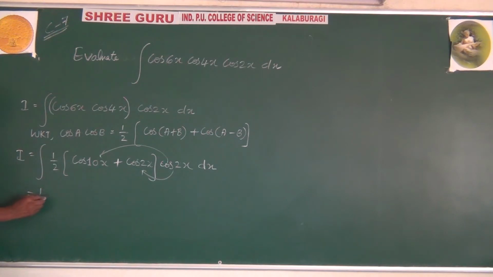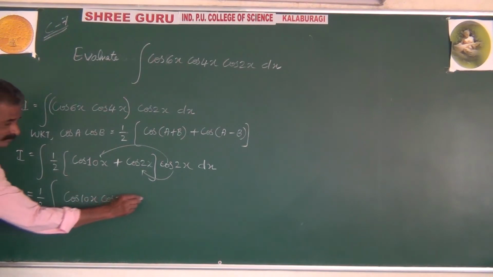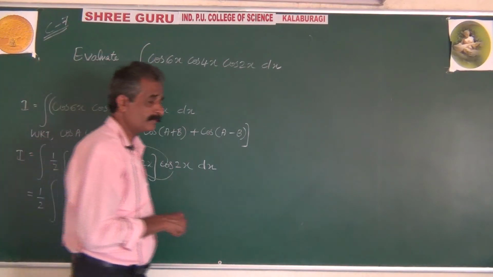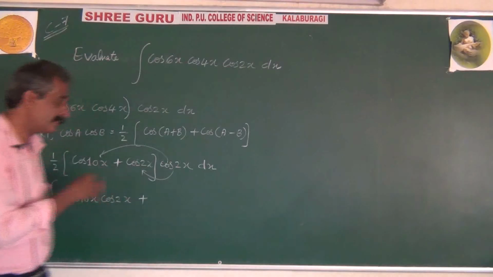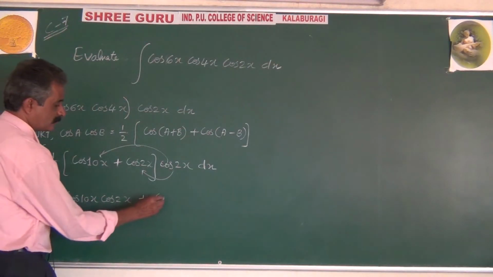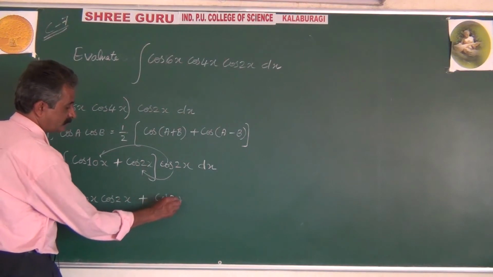That is equal to 1 by 2 integration cos 10x into cos 2x plus cos 2x into cos 2x. If you want, you can write cos square 2x, or you can keep it as it is in product form.